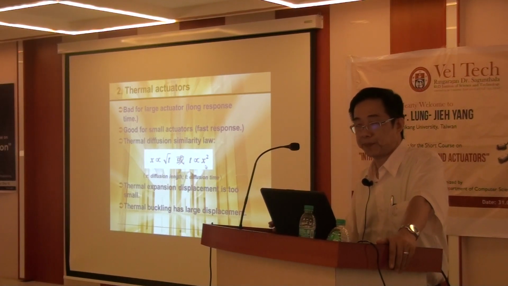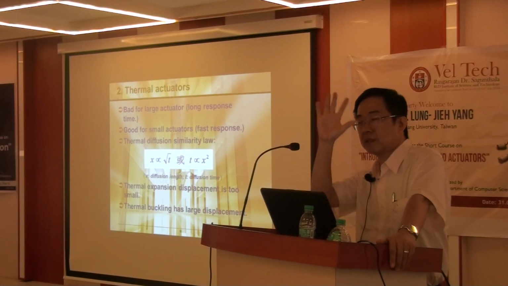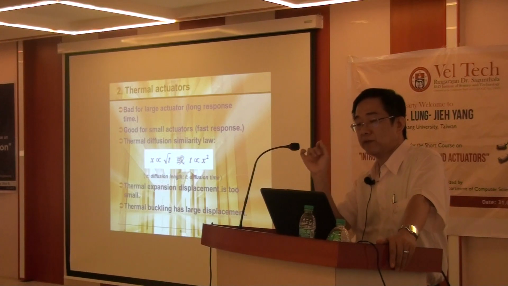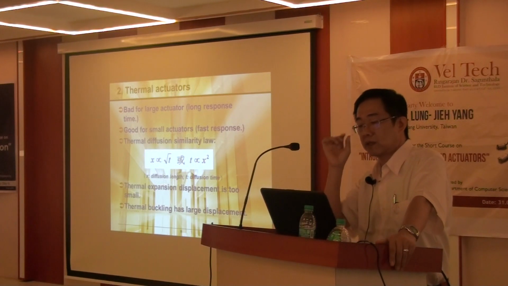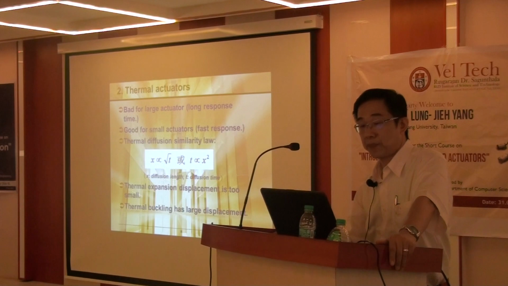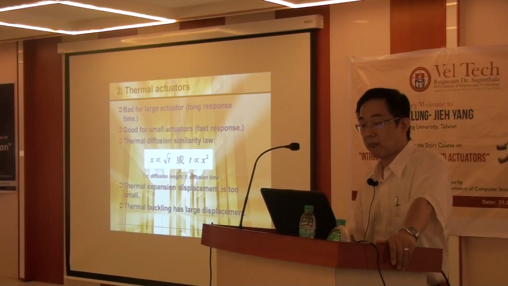So if you scale down 10 times, your diffusion time will decrease to 1%. So it's very, very small. It's getting smaller and smaller as your actuator gets smaller. So I mean, it's good. The thermal actuator principle is good for smaller actuators. Not for large, but good for small.